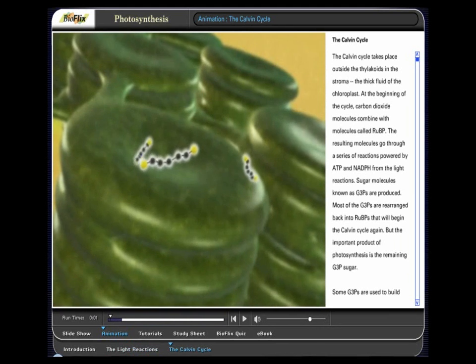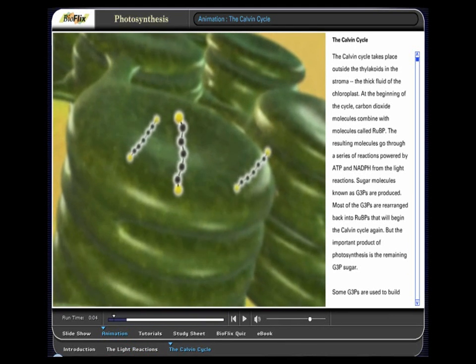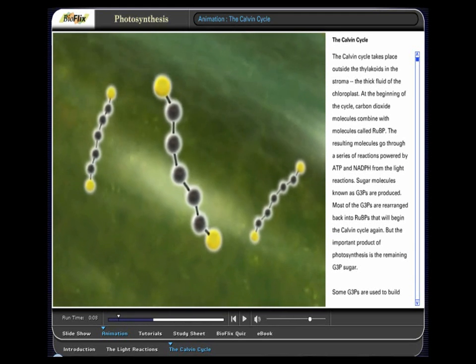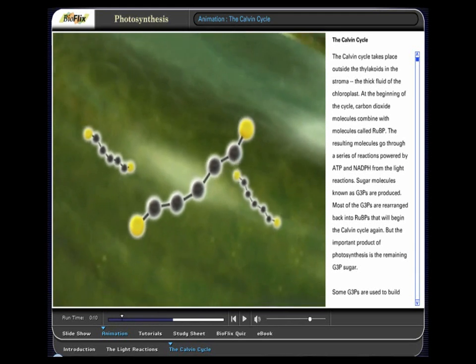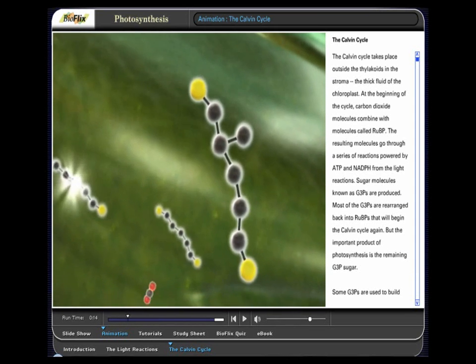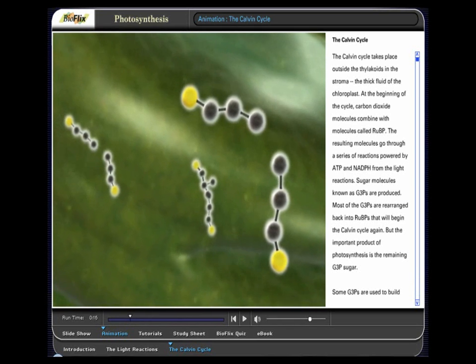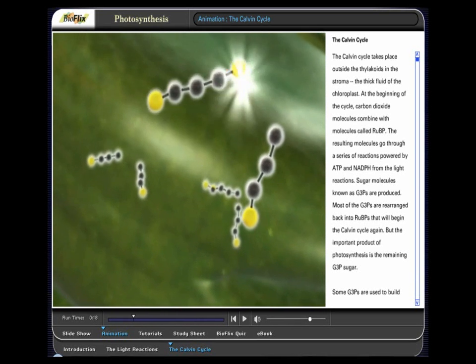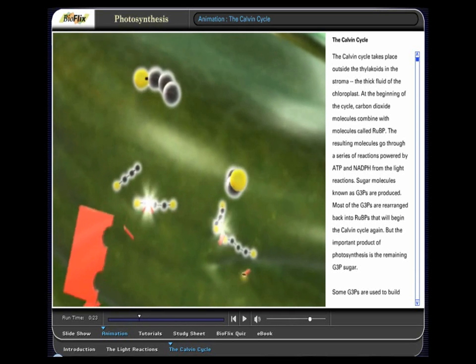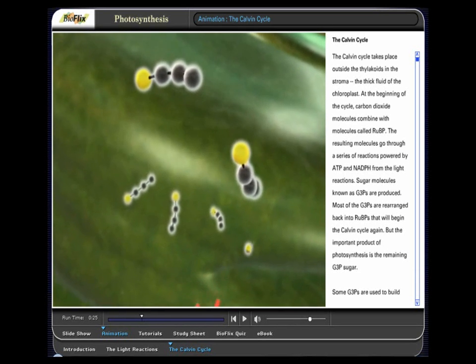The Calvin cycle takes place outside the thylakoids in the stroma, the thick fluid of the chloroplast. At the beginning of the cycle, carbon dioxide molecules combine with molecules called RUBP. The resulting molecules go through a series of reactions powered by ATP and NADPH from the light reactions. Sugar molecules known as G3Ps are produced.